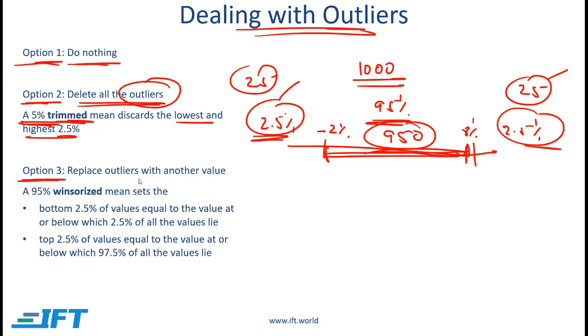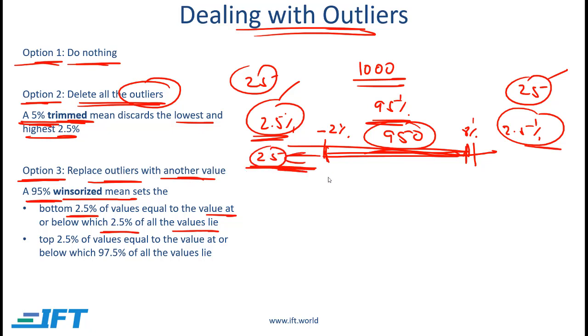The third option is to replace outliers with another value, and this is called the Windsorized mean. The 95% Windsorized mean will set the bottom 2.5% of values equal to the value at or below which 2.5% of all values lie. So here, obviously, we have 25 returns that are less than -2%.